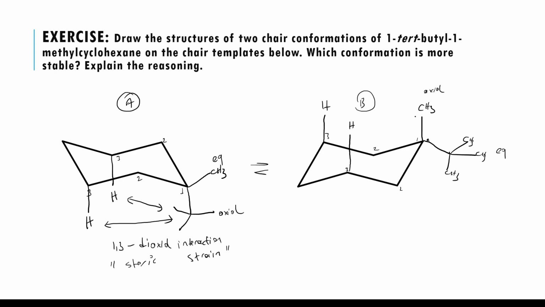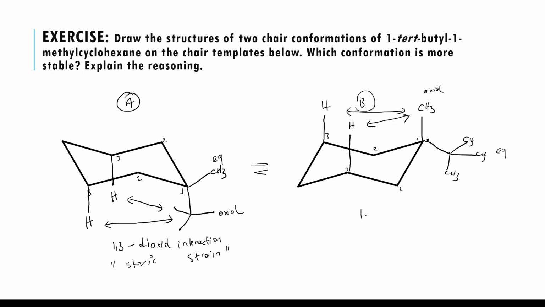And now methyl on the axial position will be interacting with these axial hydrogens. And we know that methyl is sterically less bulky than tert-butyl group, so the strain here will be less than the strain on the A or in the previous unflipped conformer.